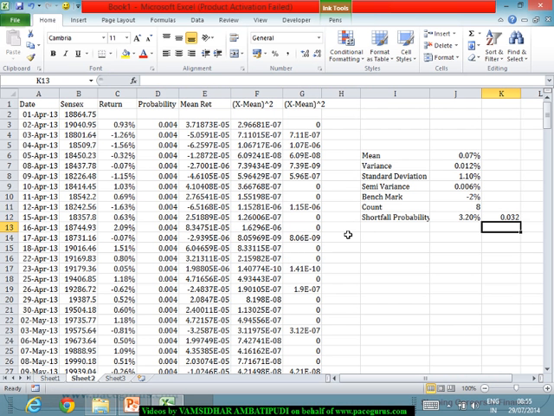Now if I want to find out the VaR of x at 5% level of confidence, I really want to find out the 5% value.